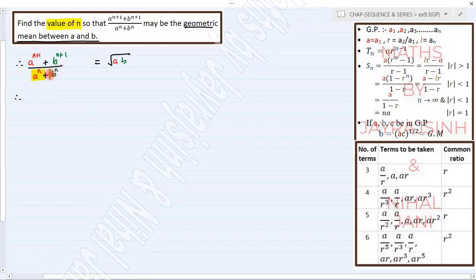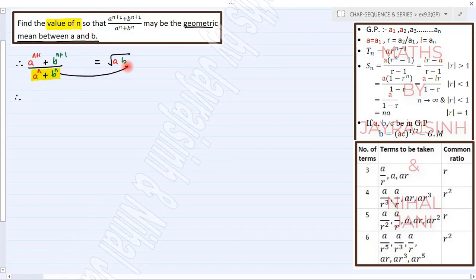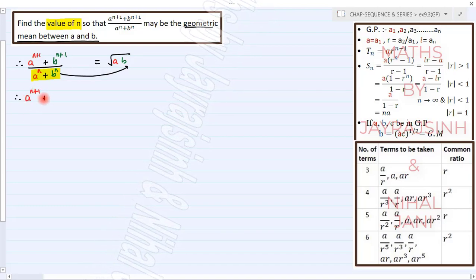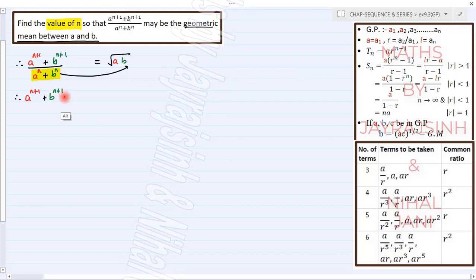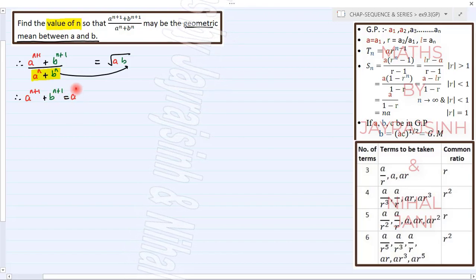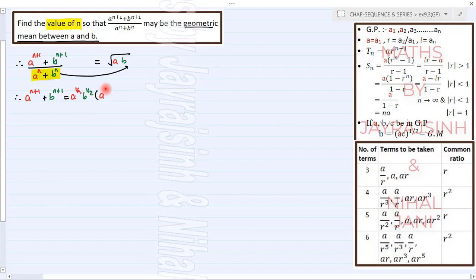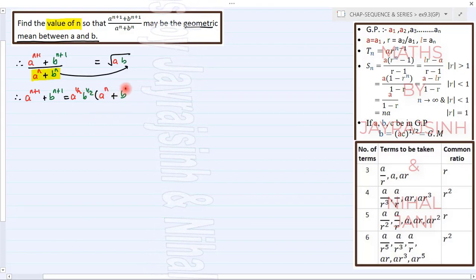So, if we move this term to the right hand side, we will get a raised to n plus 1 plus b raised to n plus 1 is equal to a raised to 1 by 2, b raised to 1 by 2 into a raised to n plus b raised to n.